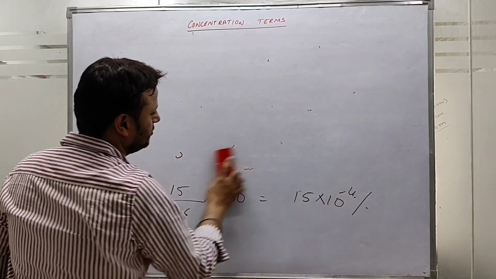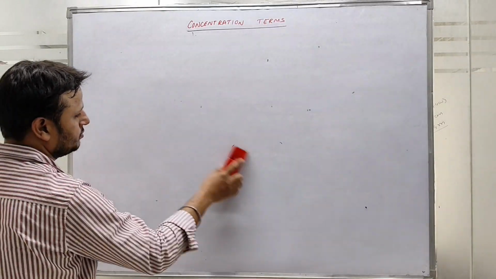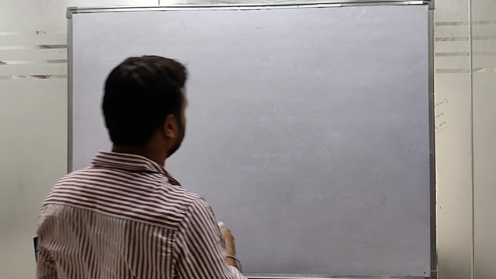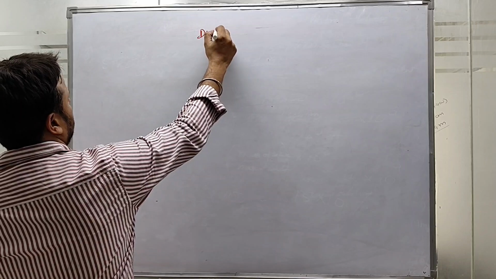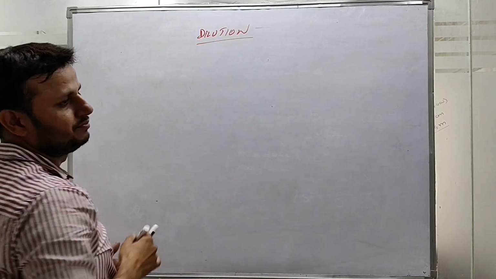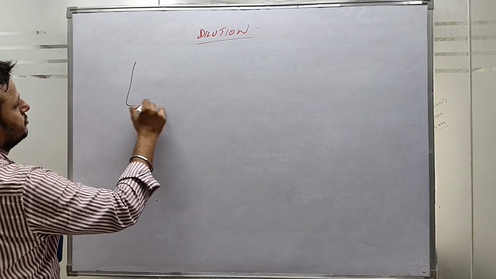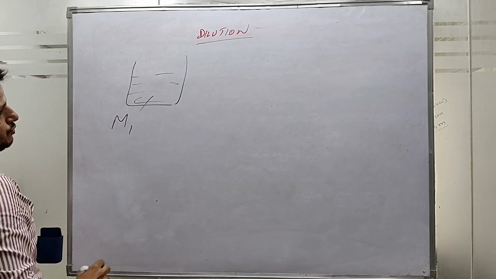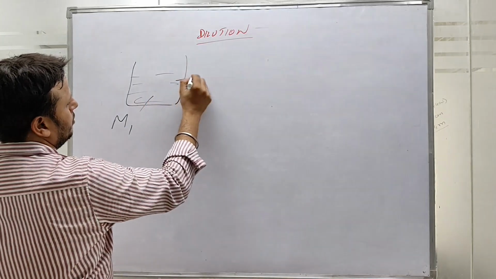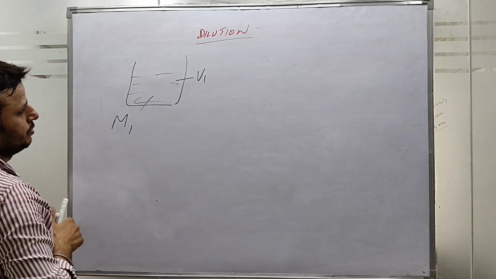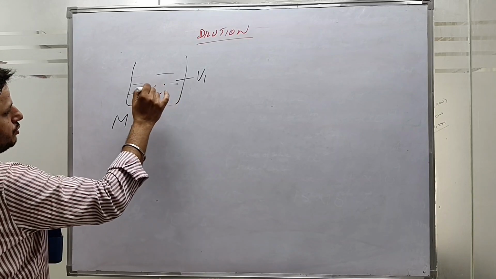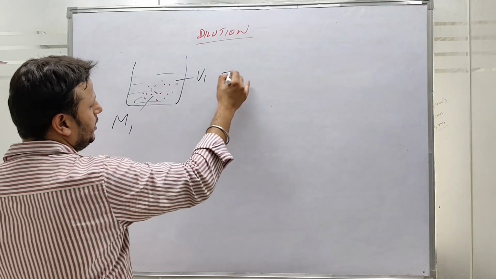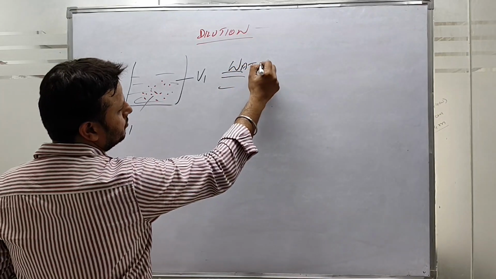And then there is one more topic of concentration, dilution. Suppose there is a M1 molarity solution and V1 volume which contains solute. Now dilution means we add water to it.